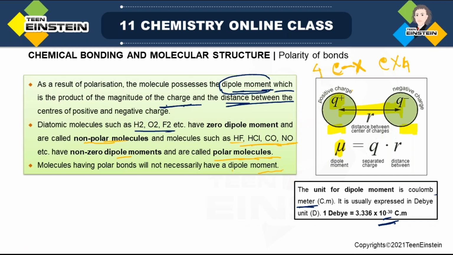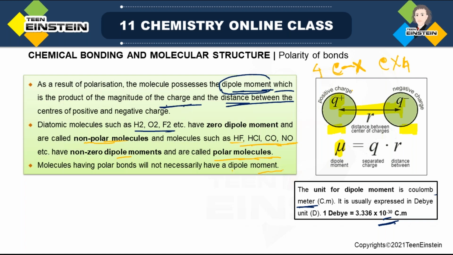But overall effect on the molecule, because in the molecule there are a total of 4 C-X bonds: individually a C-X bond may be polar, but you have to consider the geometry of the molecule. It may be that the geometry is such that the dipole moment of one C-X bond is cancelling the dipole moment of another C-X. So as a result, the net dipole moment is 0.